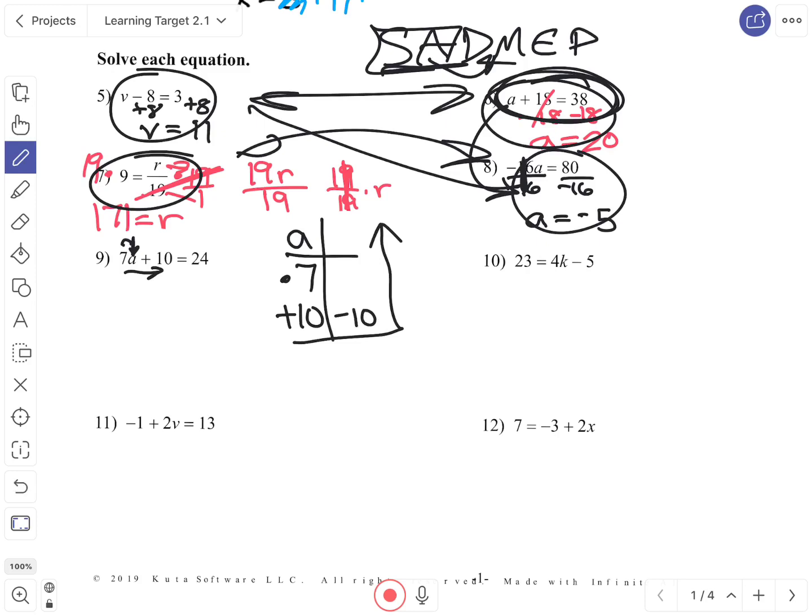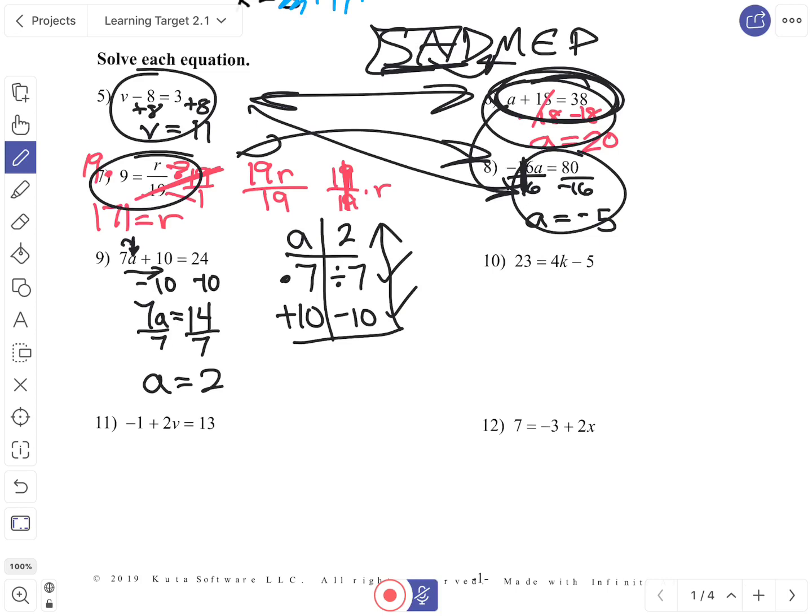So I'd subtract 10 first, giving me 7a plus 0, but 0 doesn't matter, equals 24 minus 10, which is 14. Then, instead of timesing by 7, I divide by 7. So I divide both sides by 7, giving me a equals 2. So my answer is a equals 2.